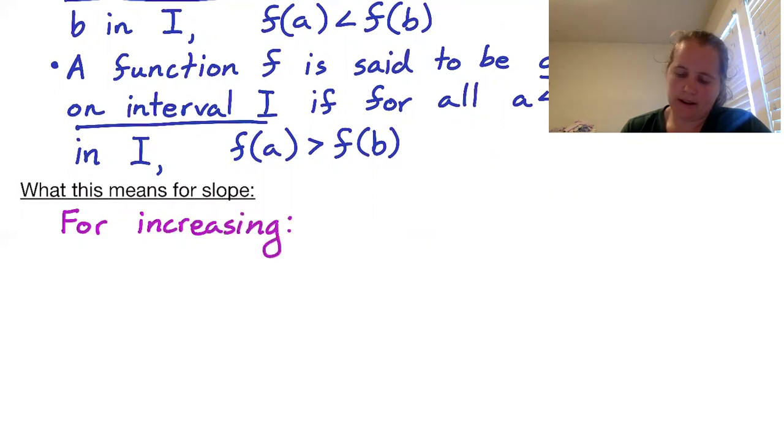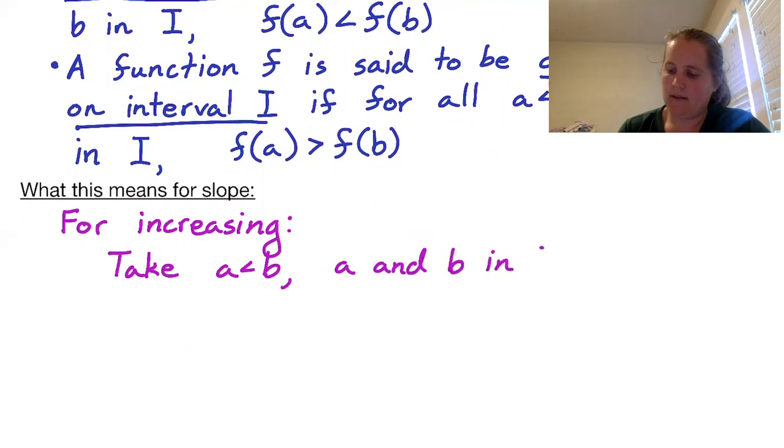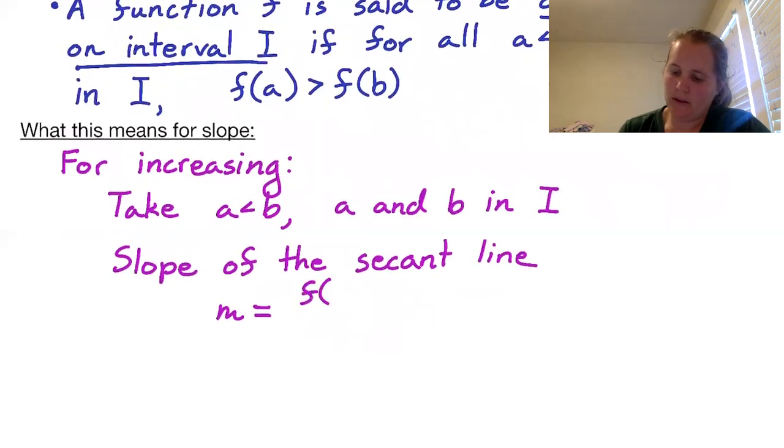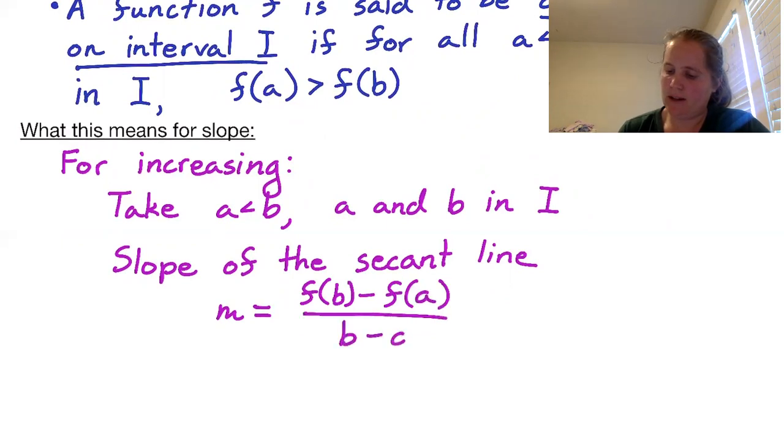If we take, again, a less than b with a and b in I, and look at the secant line slope, m is equal to f of b minus f of a all over b minus a.